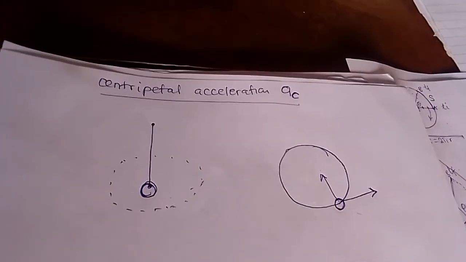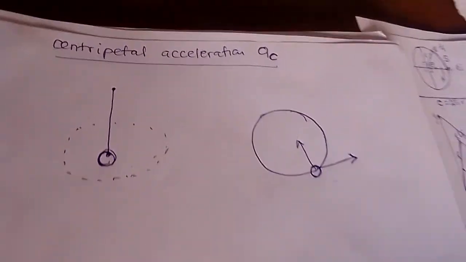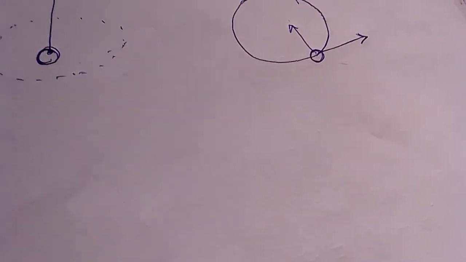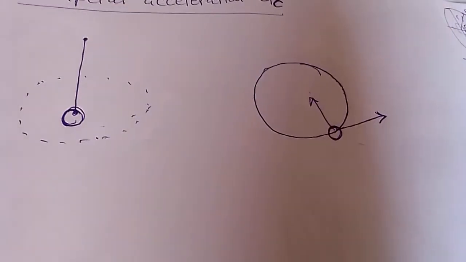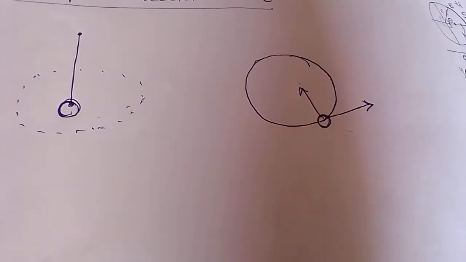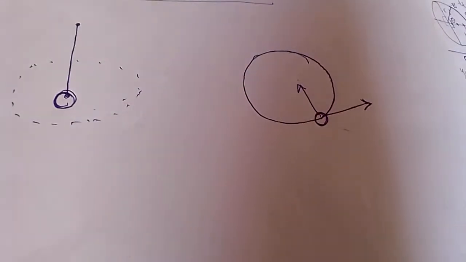What causes it to move in that way? Centripetal acceleration, like I was saying, if you've got a ball, or you can take it that you're talking about a point mass. So a point mass M, which is moving with constant speed around a circle.